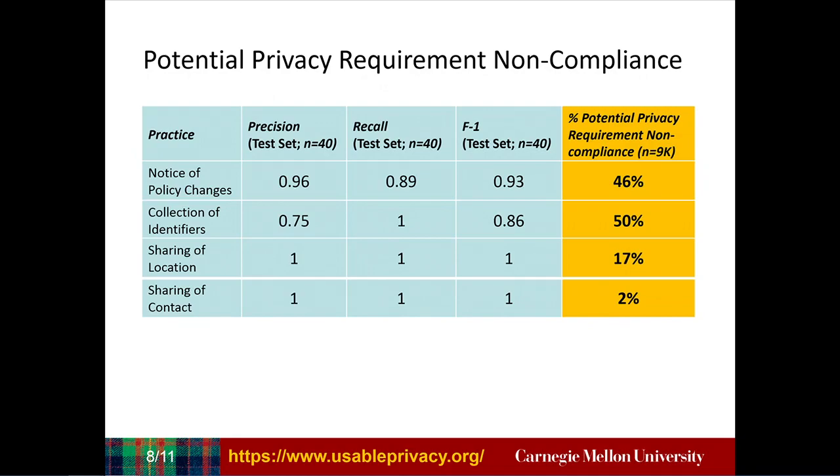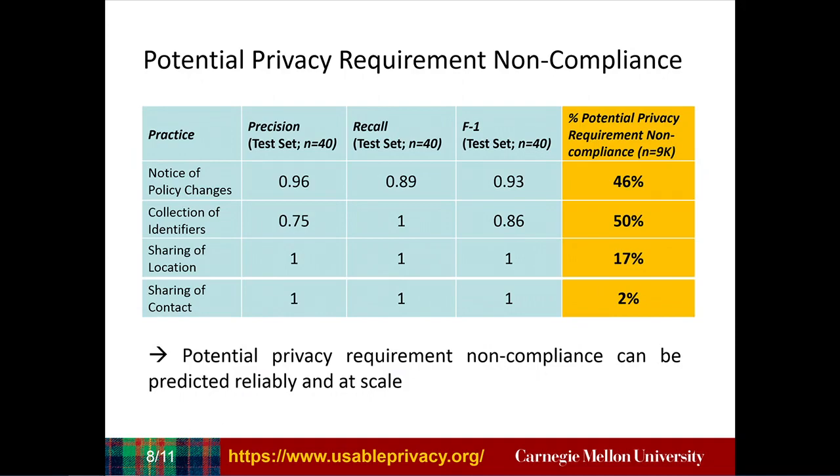And as you can see from our precision, recall, and F1 scores, we believe that these discrepancies are faithfully represented to a large extent, and that this type of analysis is actually able to detect the discrepancies. We tested that on 40 app privacy policy pairs.